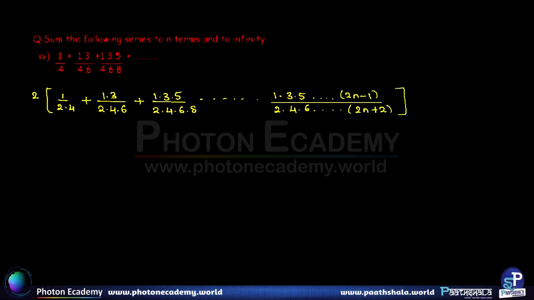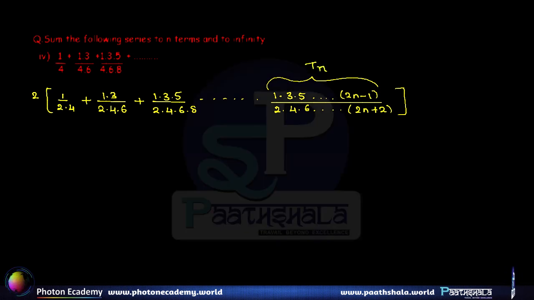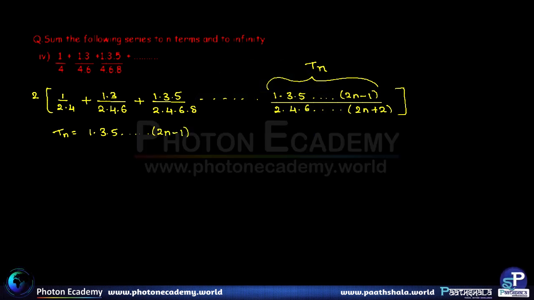Okay, so this is our Tr or Tn. Now let's just do one thing. First let us write Tn, so that is 1, 3, 5, up to 2n minus 1, divided by 2, 4, 6 all the way to 2n plus 2.